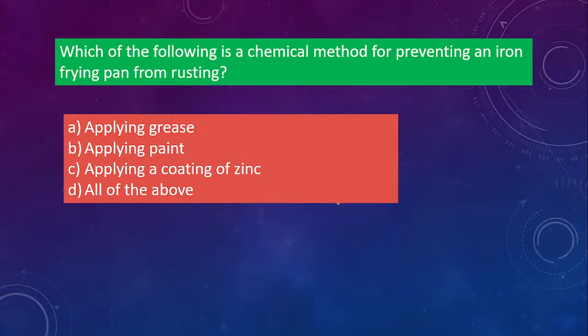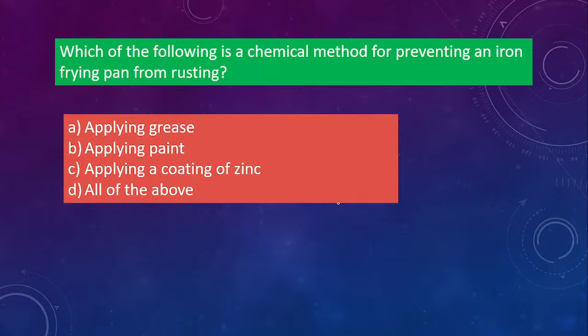Which of the following is a chemical method for preventing an iron frying pan from rusting? So by which method will you prevent the iron frying pan from rusting? Will you apply grease? Will you apply paint? Will you apply a coating of zinc? Or all of the above?